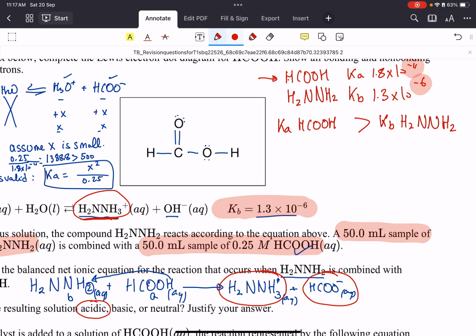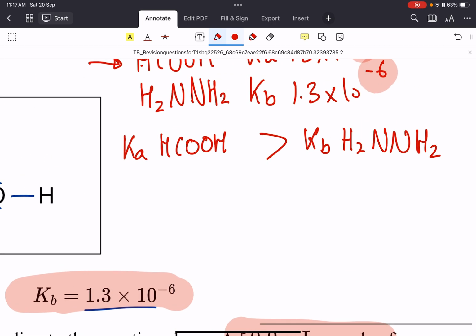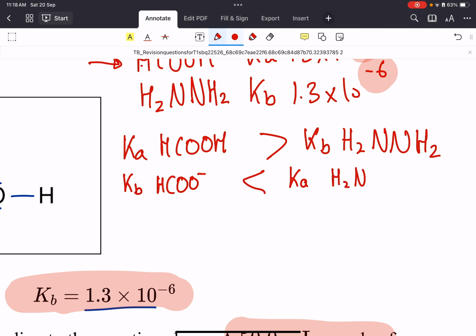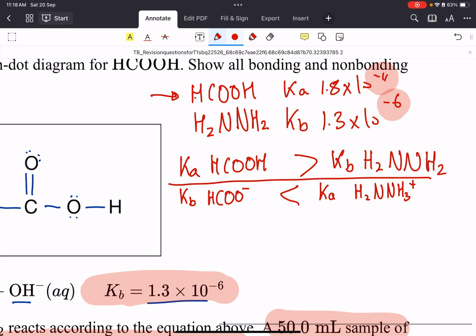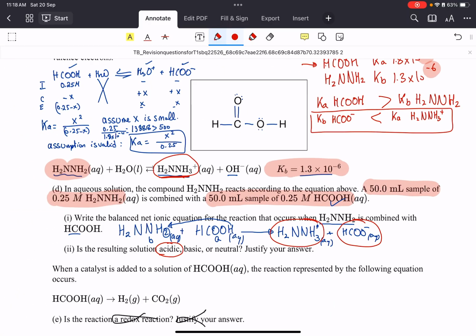Now, the conjugate base HCOO minus is going to be less than the conjugate acid in terms of strength of this one. So I hope now that is clear. So for this reason, the solution is acidic.